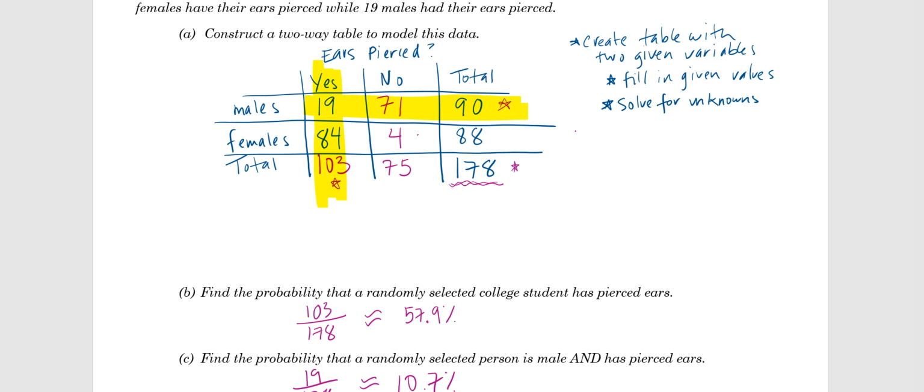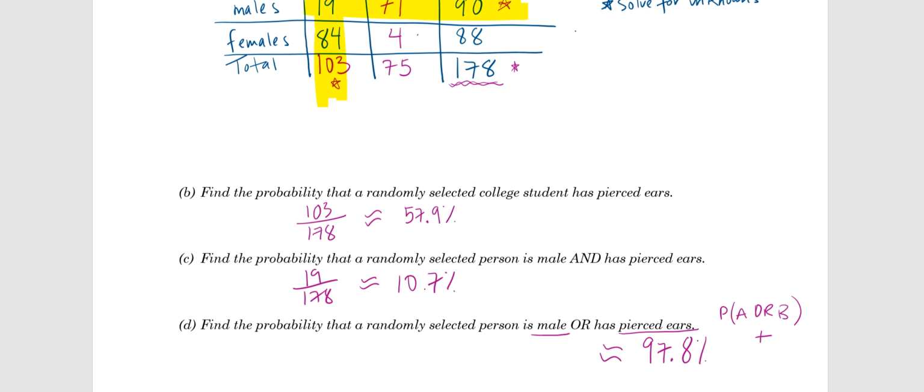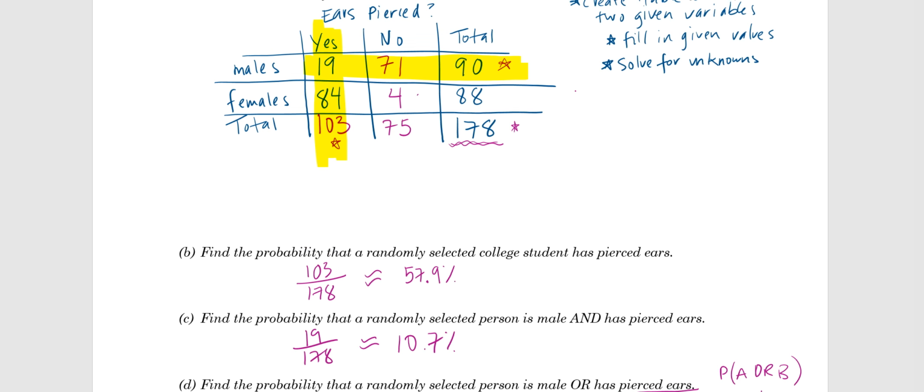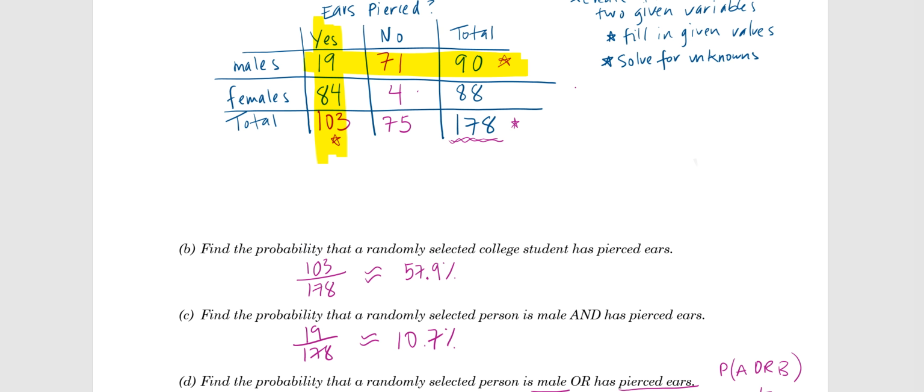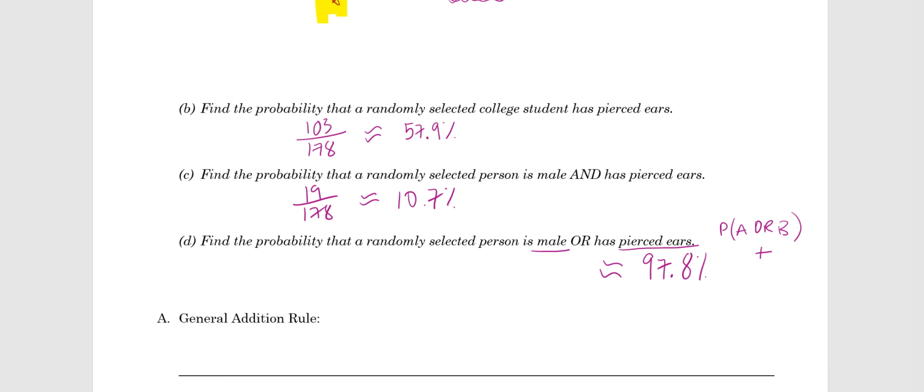What I might be tempted to do is say, okay, what's the probability that they're male? It looks like it's 90 out of 178.